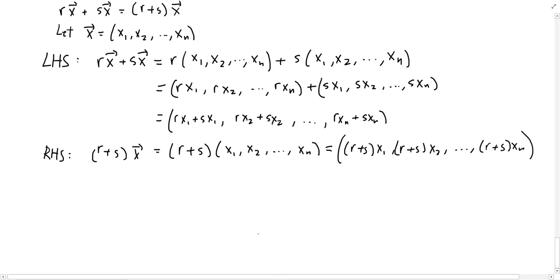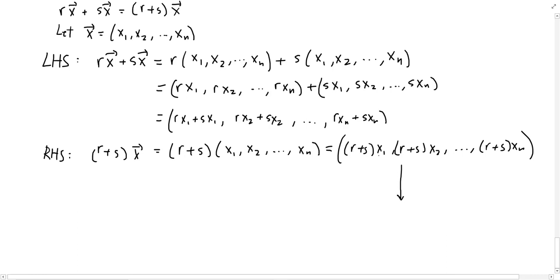So here comes the crucial step. To further clean this up, I'm going to apply a property that I know from real numbers. Because if I look at just one of these numbers within this larger vector, this deals with three numbers, R, S, and X1.